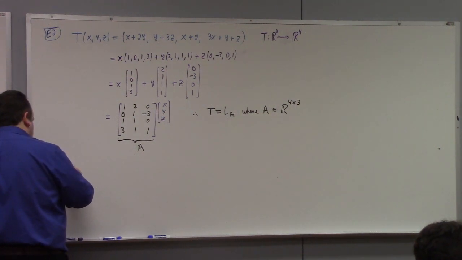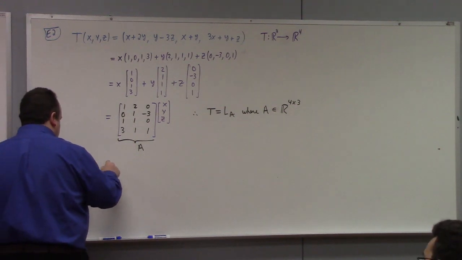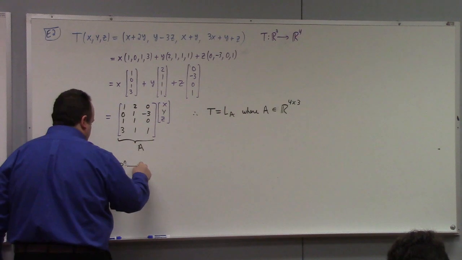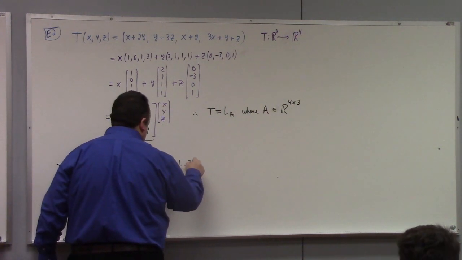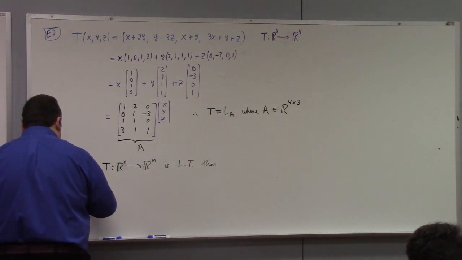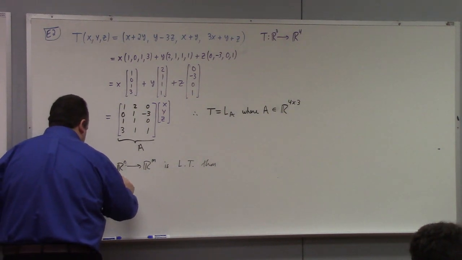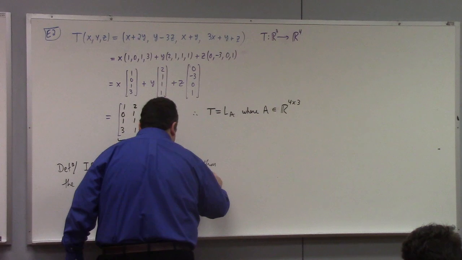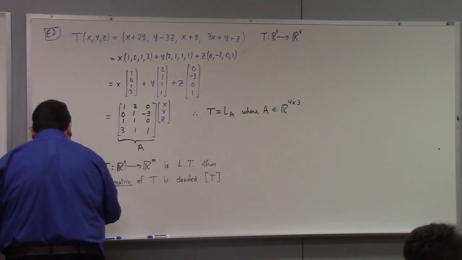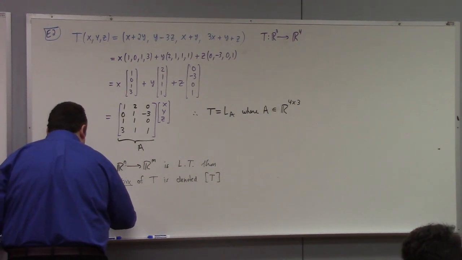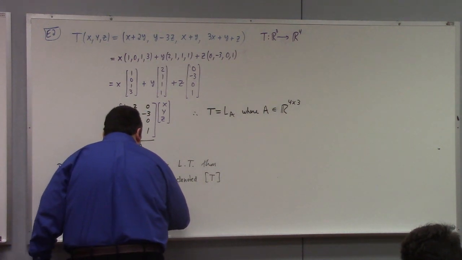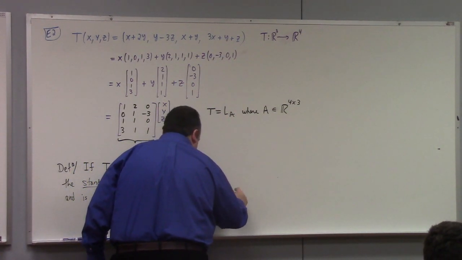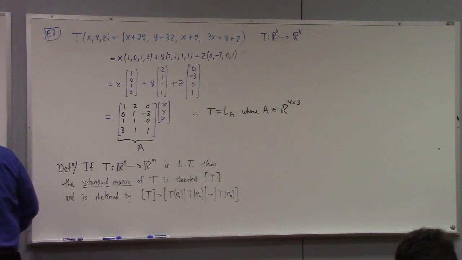So, definition: if T from R^n to R^m is a linear transformation, then the standard matrix of T is denoted bracket T like this, and is defined by bracket T equals T of e1, T of e2, dot dot dot, T of en, where those are the usual standard basis vectors.